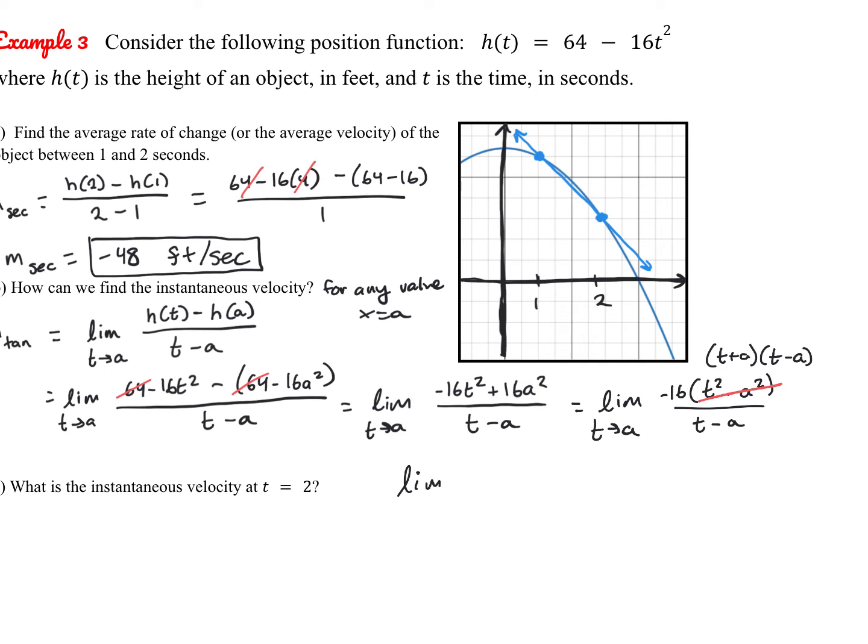If we simplify a little more, you'll see that the t minus a factors cancel out. So we have the limit as t approaches a of negative 16 times t plus a. For this one, we could just do direct substitution. We substitute t with a, so we get negative 16 times a plus a, which gives us negative 16 times 2a, so negative 32a.